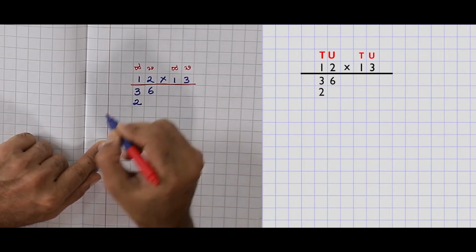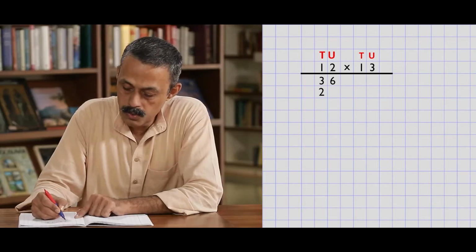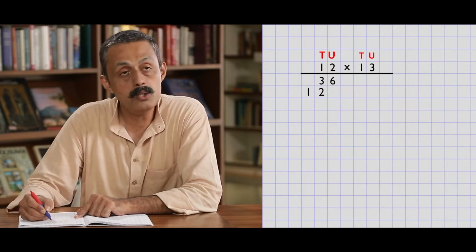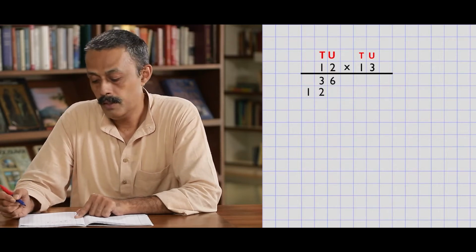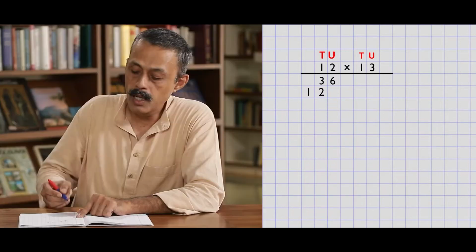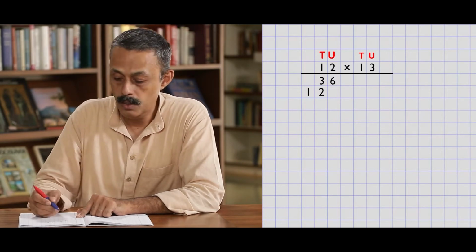Let us first complete this problem. 1 into 2 is 2, 1 into 1 is 1. But I have multiplied from the 10th position. Why should we keep this particular place empty? Why shouldn't we write anything?